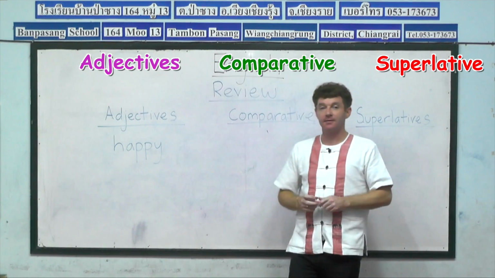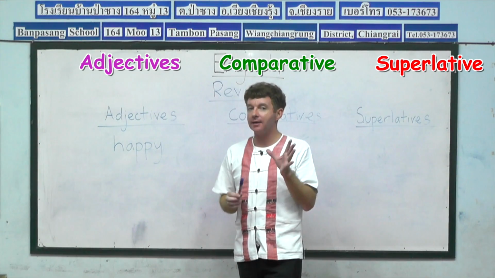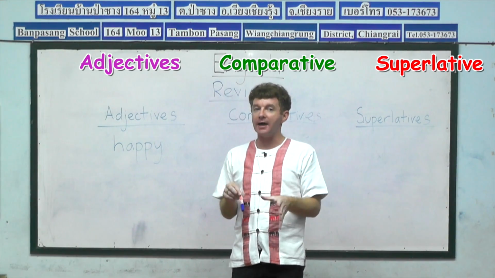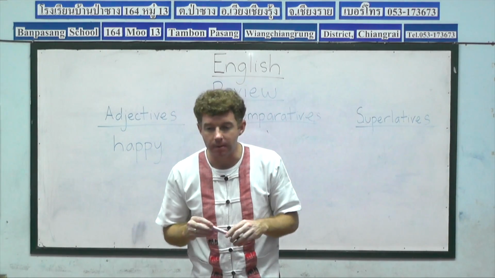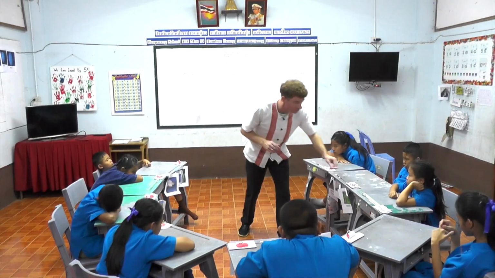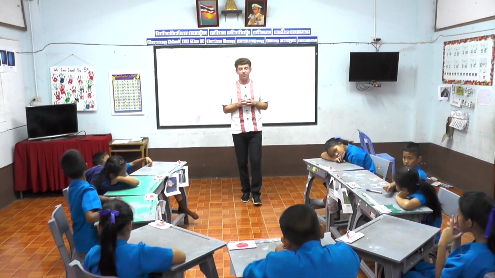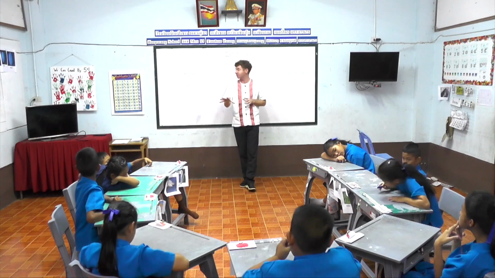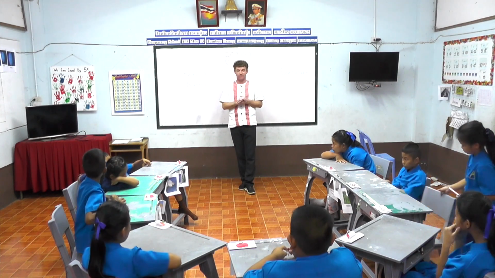Happy. Okay, so remembering about adjectives that end in Y. There's something we need to do to Y and then add the letters on at the end. So let's see who can remember. First of all, the pen is with Prel. So let's see if Prel can remember how we can turn the adjective happy into its comparative form.